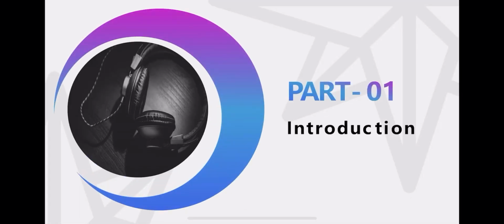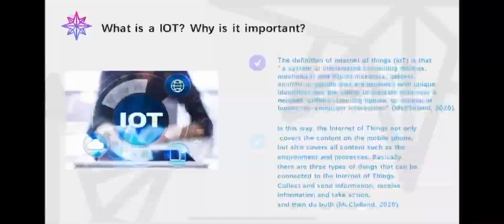First of all, I will introduce this project to you. That is the very basic and important definition, and it can help you to have a better understanding of IoT and of our project. So first of all, what is IoT?